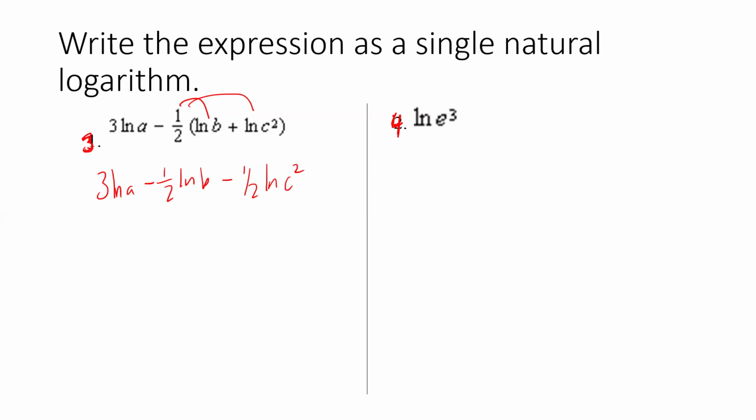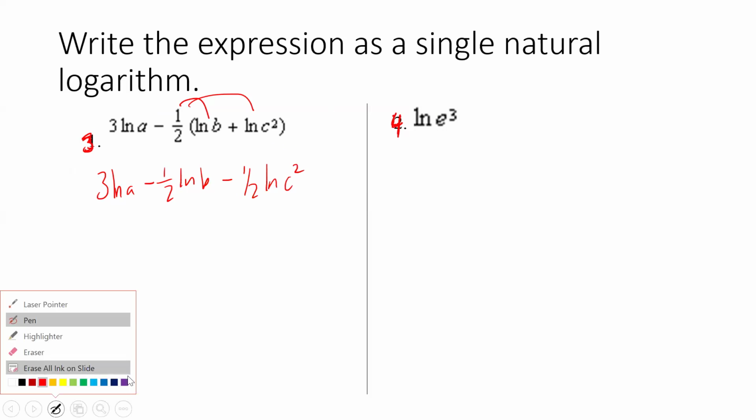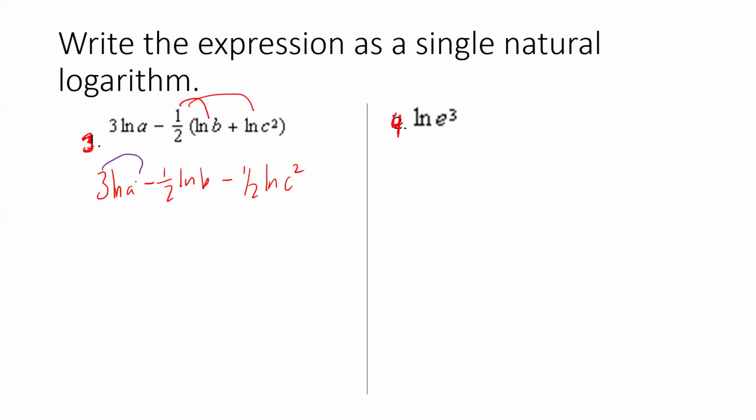All right. After we've done that, now we're going to go through our steps. Step 1 is the power property. So your coefficients become the power of your arguments, correct? So we're going to become 3/2.